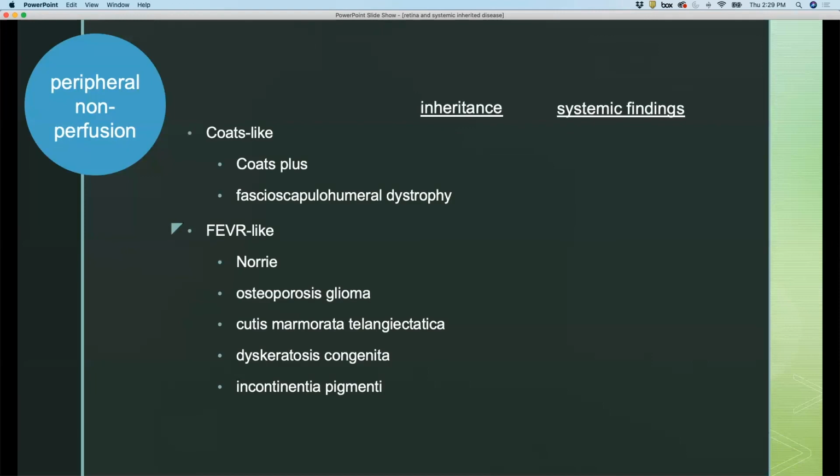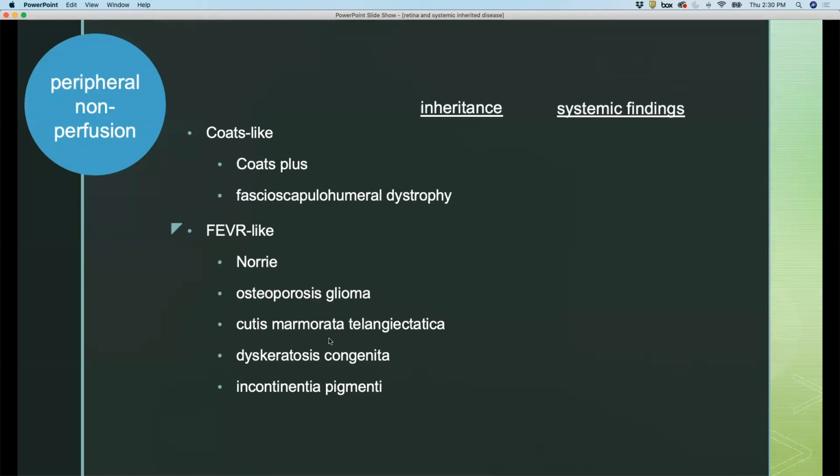All right, so I sorted these into two groups, Coats-like and FEVR-like. With FEVR-like, we talked about the osteoporosis-pseudoglioma, which I would say is the more common thing. There's also Norrie syndrome, which is kind of like FEVR, but it can be really bad. They can be born with bilateral retinal detachments.